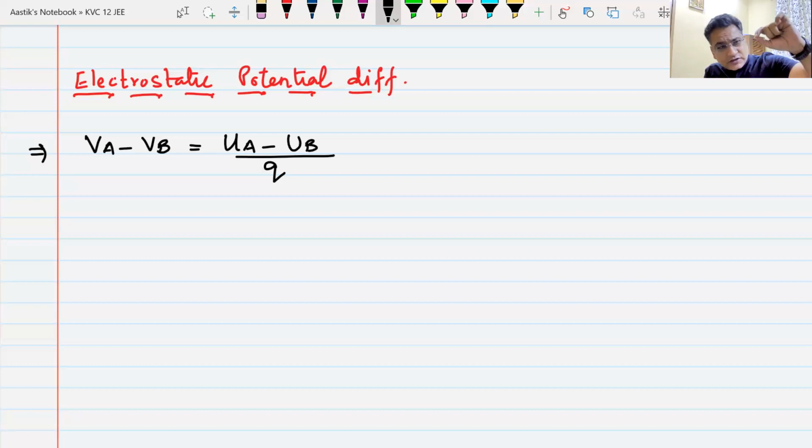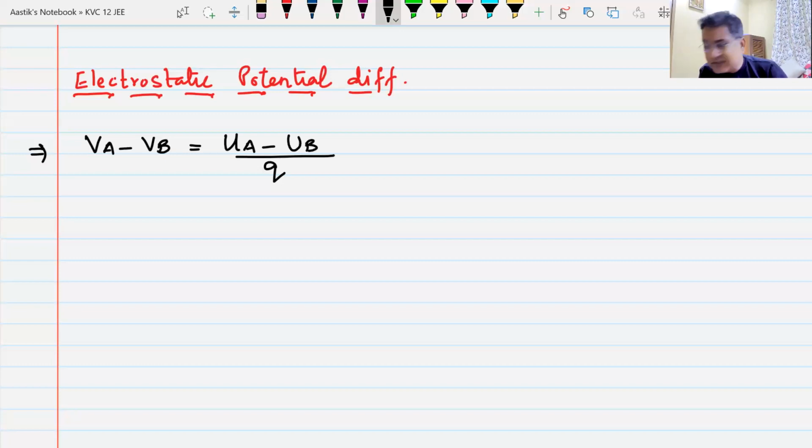Now what is this point charge going to do? It is going to create an electrostatic field around it. So you have an electrostatic field around it, which is a conservative field.